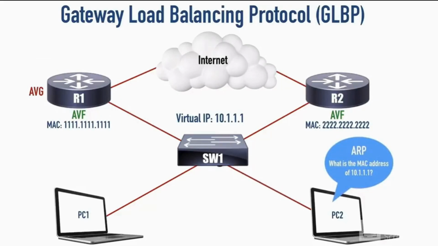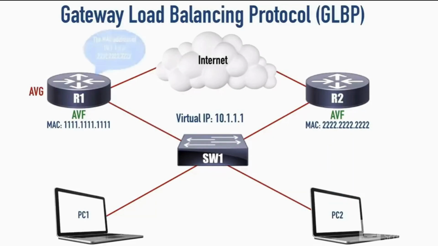It's going to say, hey, what's the MAC address of 10.1.1.1? But this time the response is different. This time it says, oh, that's the all 2's MAC address, which is R2. That means when PC1 wants to get out to the internet, it's going to be going to the all 1's MAC address of R1. And when PC2 wants to get out to the internet, yeah, you guessed it, it's going to go via R2's MAC address, the all 2's MAC address. That's the distinction between HSRP, VRRP, and GLBP.